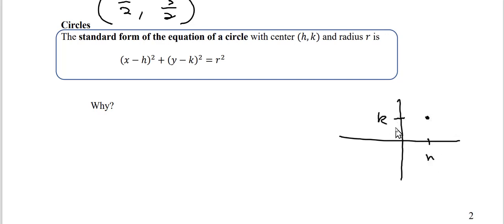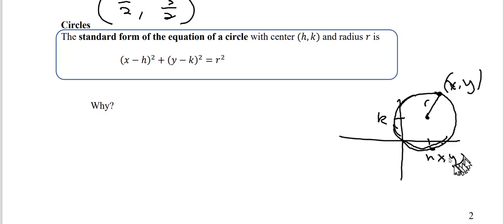We said every point on the circle is equal to the same distance away, right? So this distance is r, whatever that circle is, right? Okay, so any point out here, let's call that some point x, y. A point down here is going to have some coordinates x, y, right?